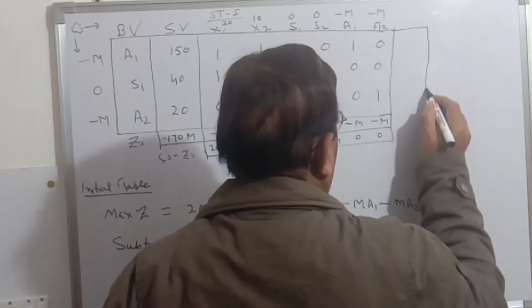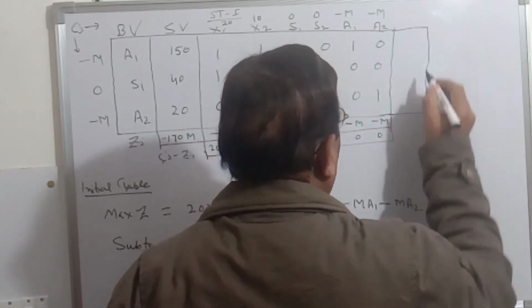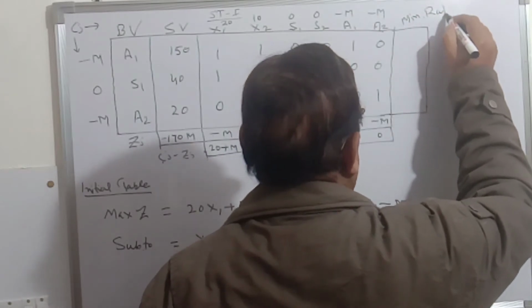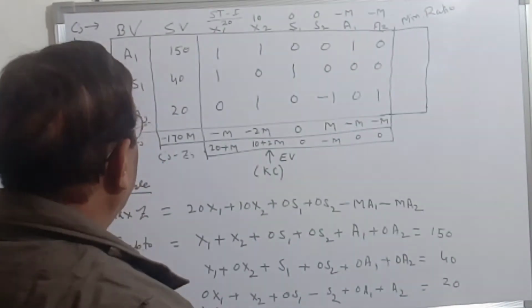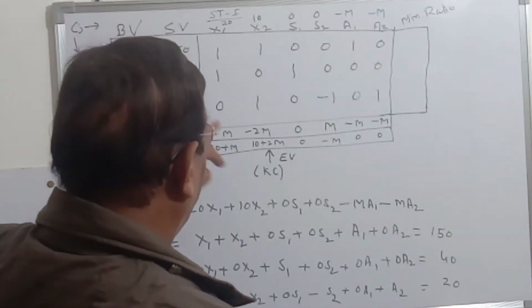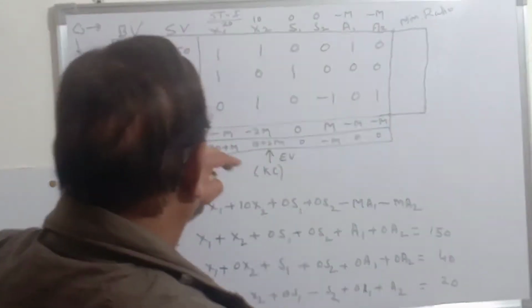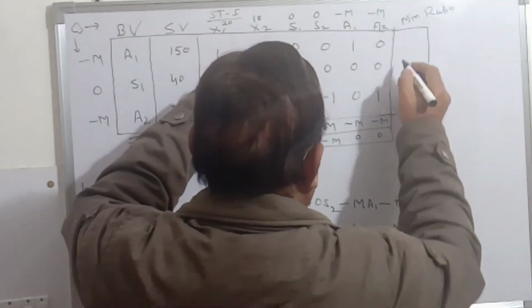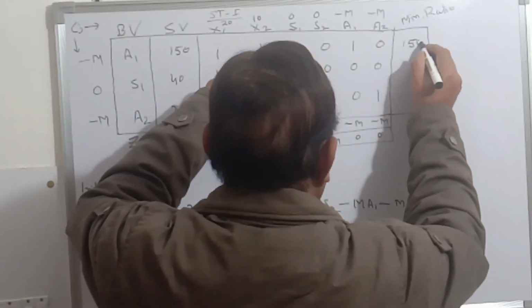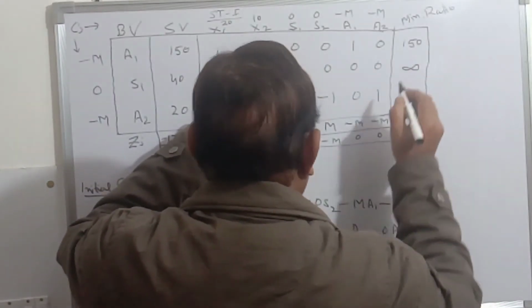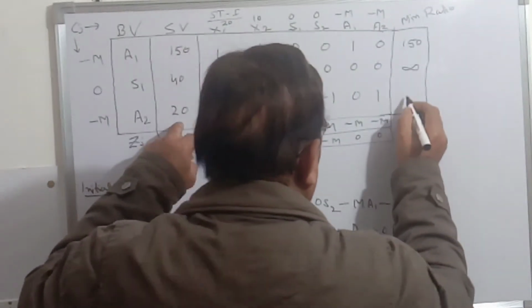Now we will decide the minimum ratio, dividing the coefficient of the solution variable by the coefficients of the key column. 150 divided by 1, 150. 140 divided by 0, this is infinity. 20 divided by 1, it is 20.